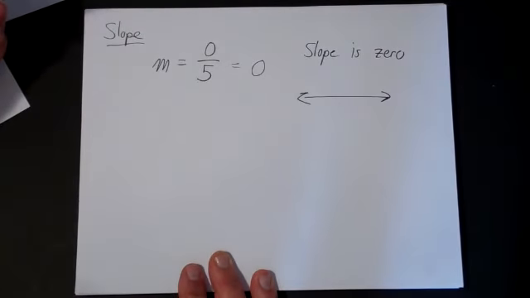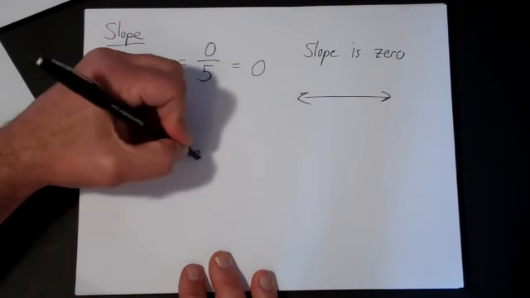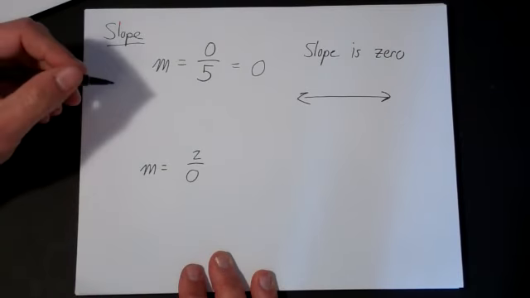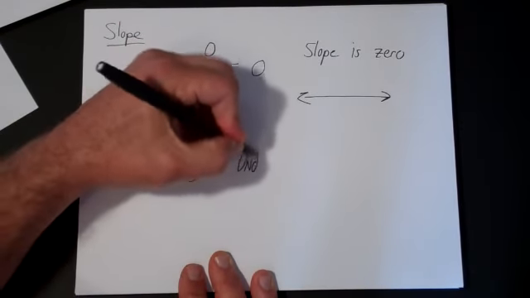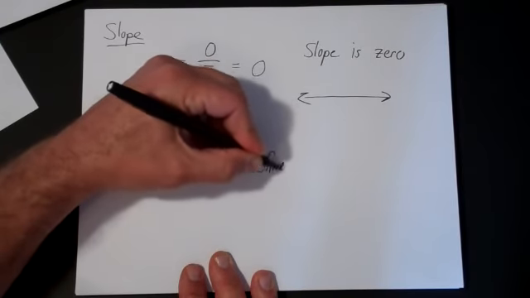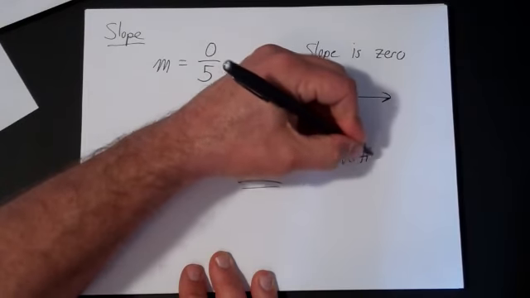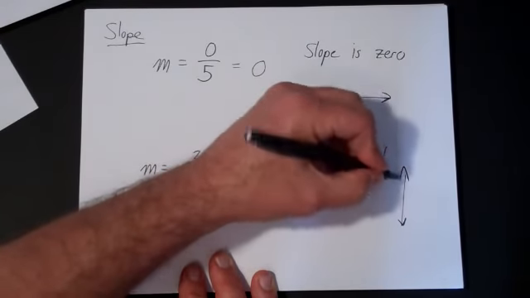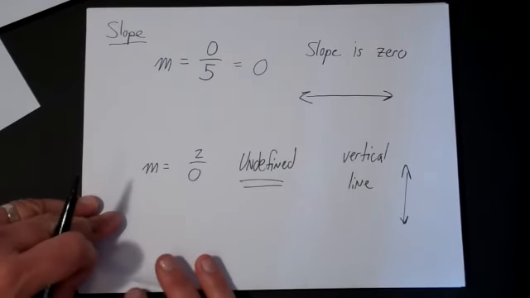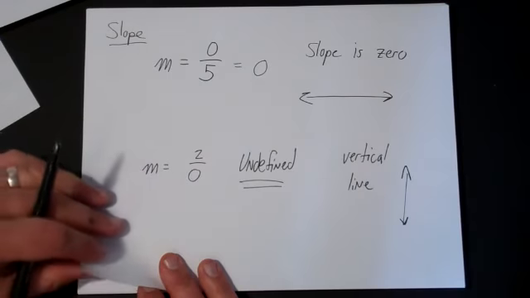The other thing to remember about slope is, let's say you had a slope of 2 over 0. Well, you can't divide a number by 0, so we say that's undefined. And that's going to be a vertical line. Remember, if you take a 0 and divide by a number, you get 0, but if you take a number and divide by 0, that's undefined.